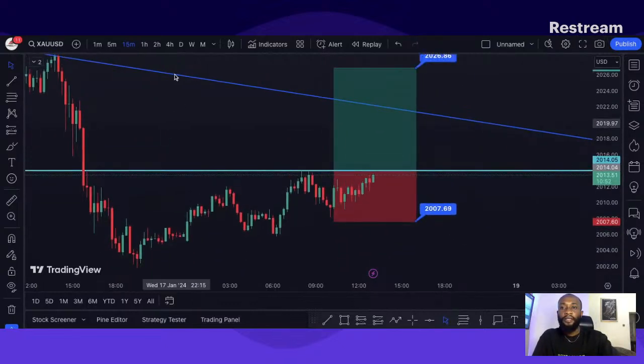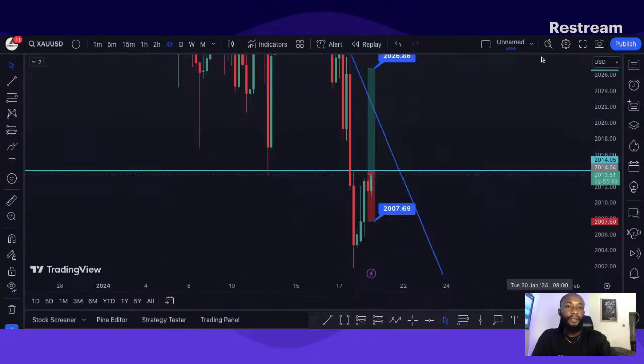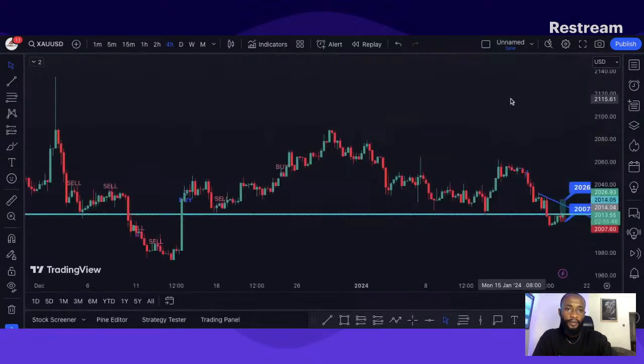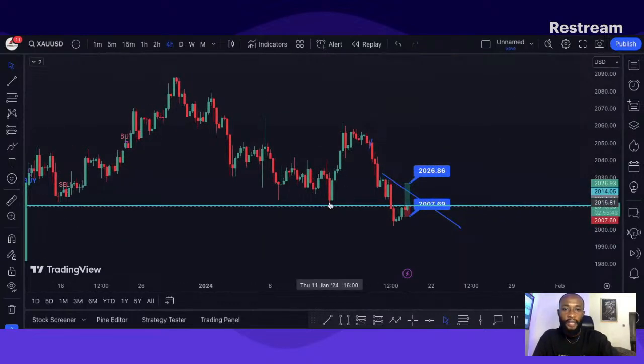So you guys can see that on this 4 hours time frame, gold is in downtrend. Let me explain to you guys. You can see that gold did a change of character here yesterday, but before then, gold started doing higher high, lower high, lower low and lower high, then another higher low and another lower high and another higher low.